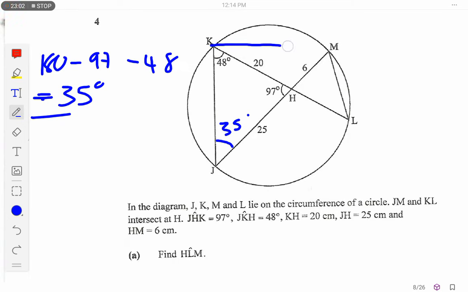Using angles subtended by the same chord, J is subtended by that chord KM, and L is subtended by the same chord there. So it is also equal to 35. So our angle here is 35 degrees, with the reason that I have given there.